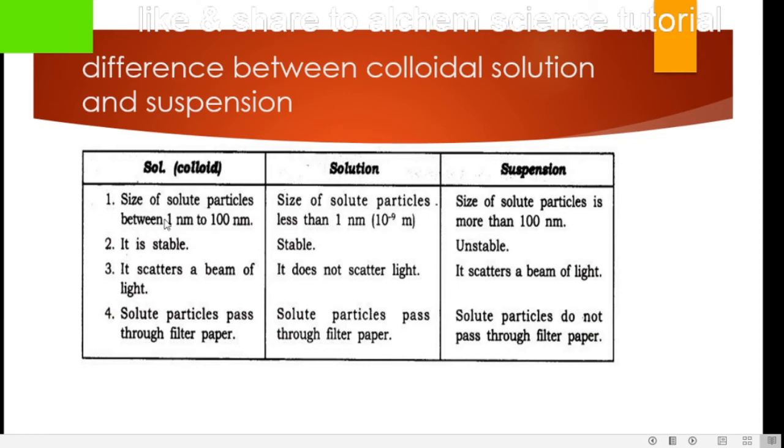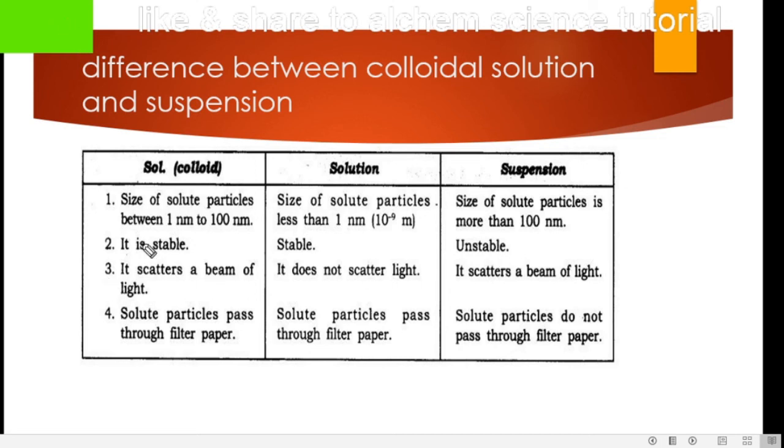Now we will move to our next topic, the difference between solution, suspension and colloidal solution. First of all, in case of size: the size of colloidal particles is in the range of 1 nanometer to 100 nanometers, the size of solute particles in a solution is less than 1 nanometer, and in a suspension it is more than 100 nanometers. The second property is stability: a colloidal solution is stable, a solution is also stable, but a suspension is unstable.